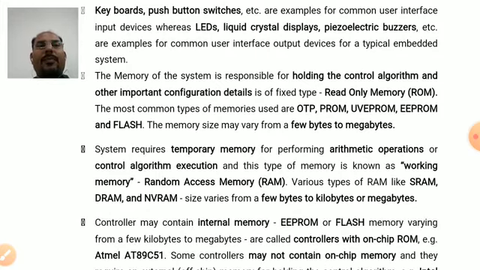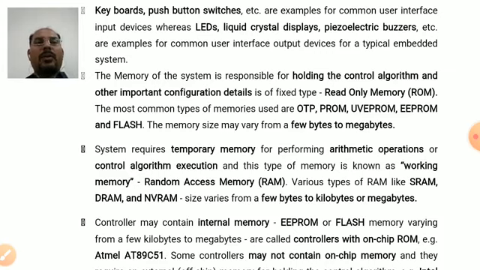In the memory, as I have told, the memory could be a ROM memory or a RAM memory. ROM memory is read only memory. We cannot modify the code which is present in the ROM memory, whereas we can change the code present in the data memory, that is a RAM memory. There are other types of ROM memory.